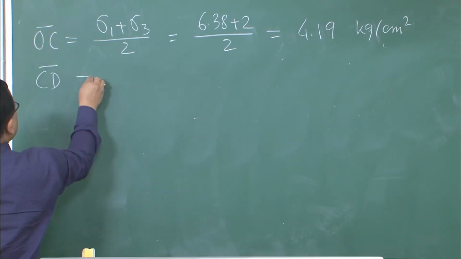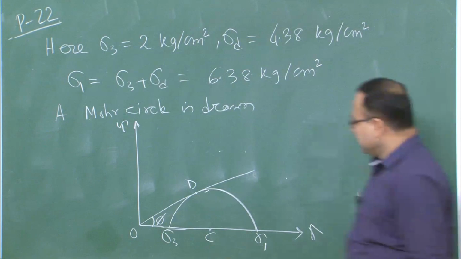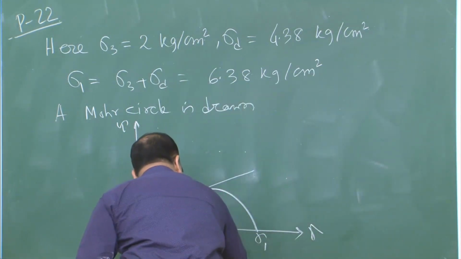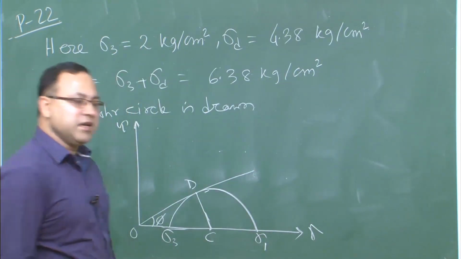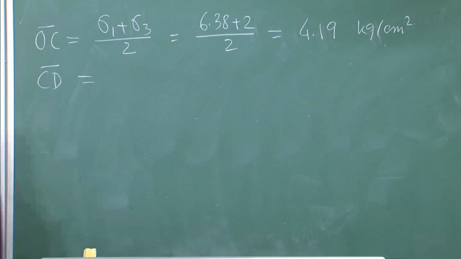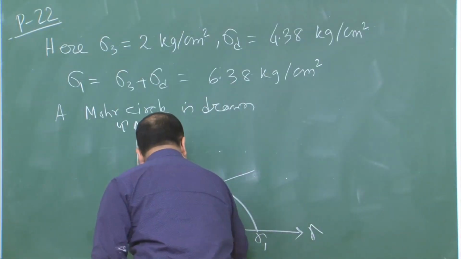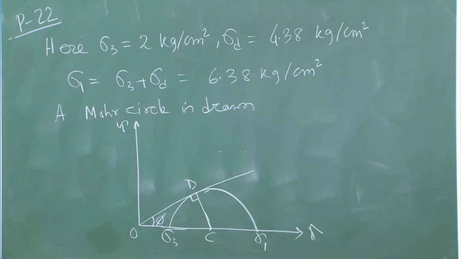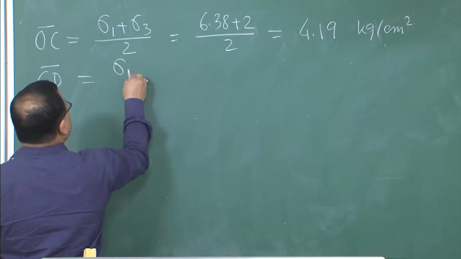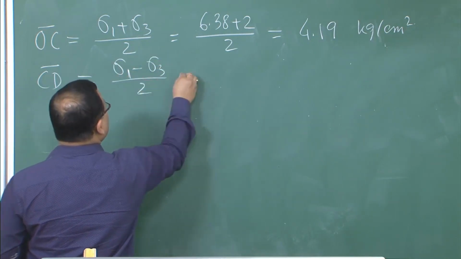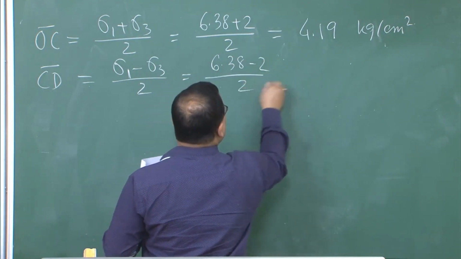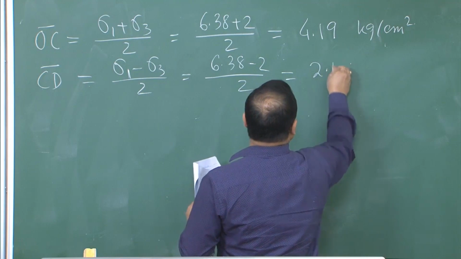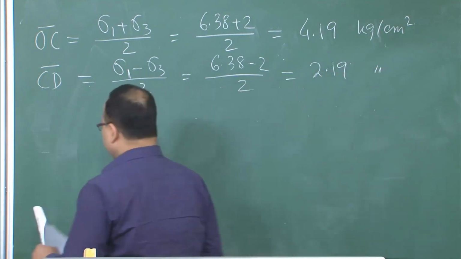Similarly, what is CD? CD is nothing but the radius of the Mohr circle, which will be making an angle of 90 degrees at the tangent point. So, CD is equal to sigma 1 minus sigma 3 by 2, which is equal to 6.38 minus 2 by 2, equal to 2.19.